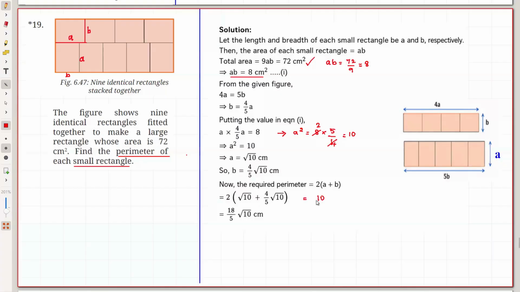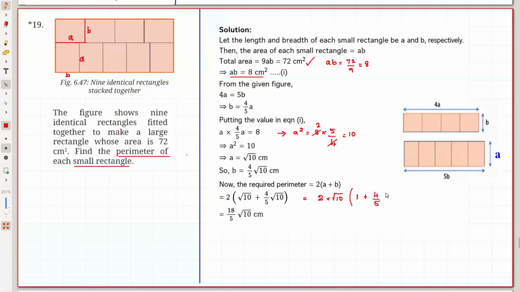If I take root 10 outside, already 2 is outside. From these two, root 10 is outside, and 2 is already outside. I can just take it as 2 into root 10. If I take root 10 outside, here we have 1 plus 4 by 5.